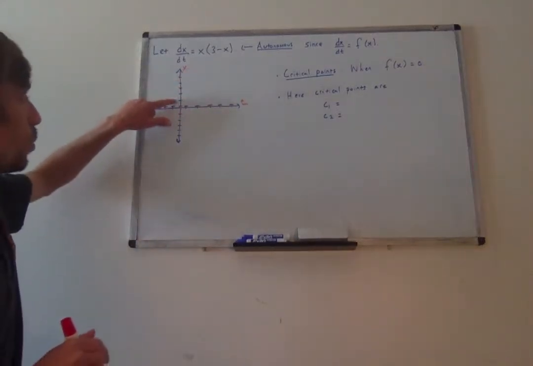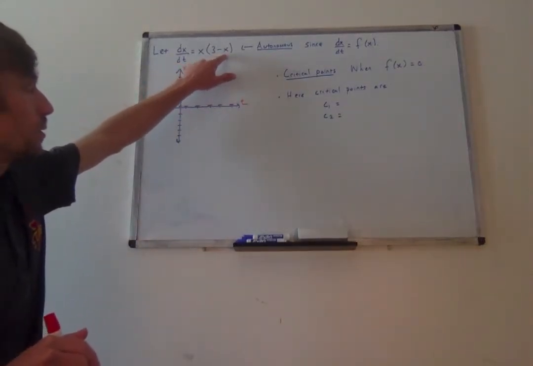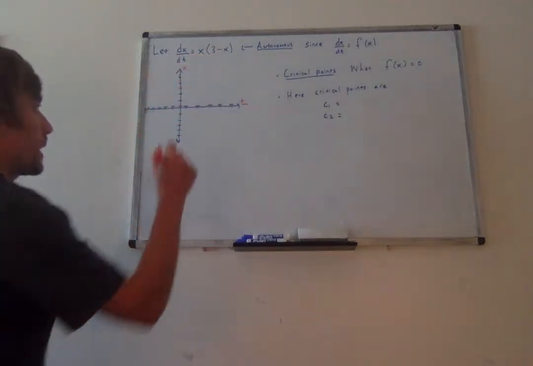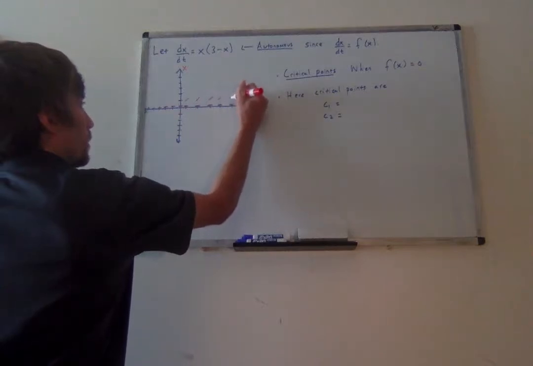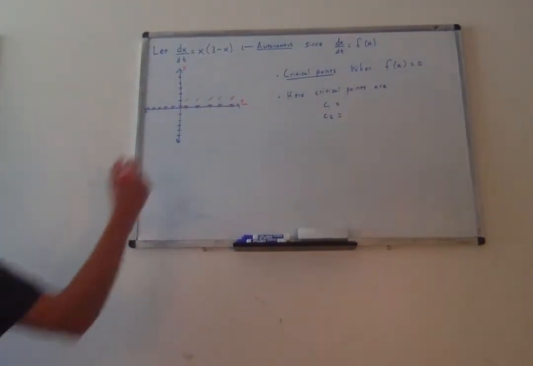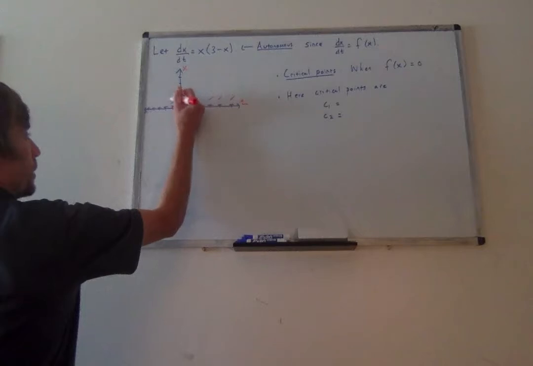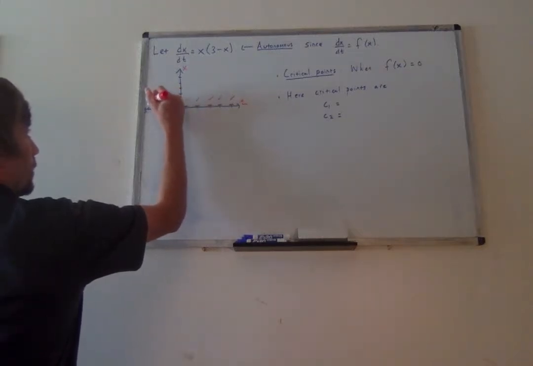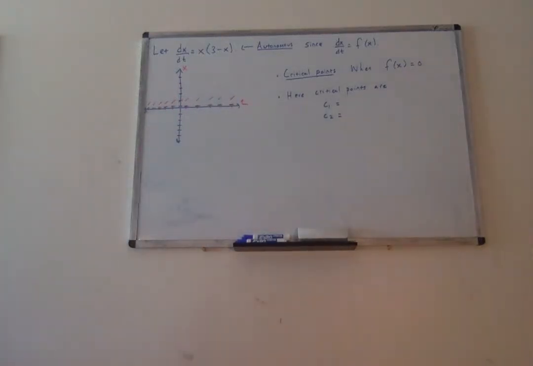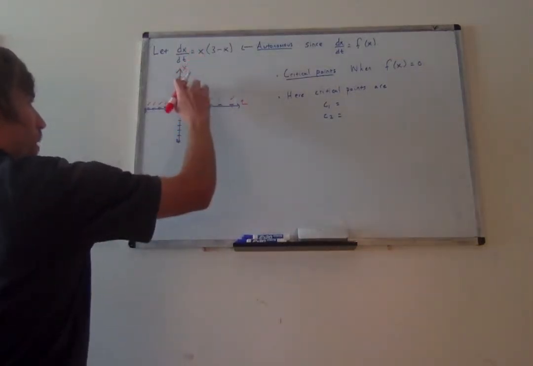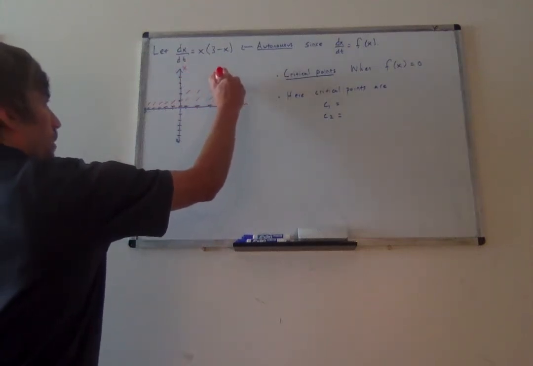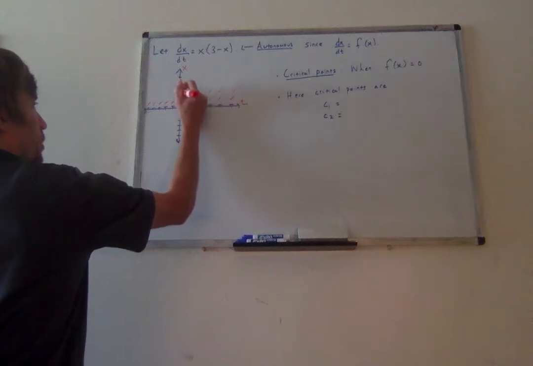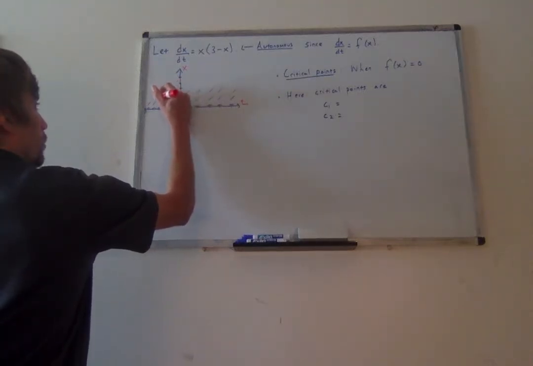When x is equal to 1, 1 times 3 minus 1 is 2, so I get a slightly positive slope, like that. And notice, what's nice about this is I don't really have any regard for what t is here. I can just look at x values. Now when x is equal to 2, again I get 2 times 1, so I get the same slope. So all of these slope dashes are 2.